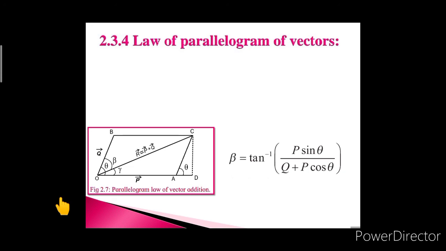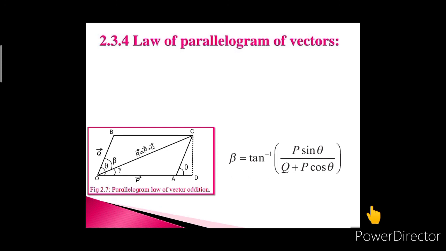As when we consider the direction of the resultant by using the vector P, we get alpha as tan inverse Q sin theta upon P plus Q cos theta. So in the same manner, when we consider the vector Q and use it to determine the direction of the resultant, the angle made is beta, and this beta is given as tan inverse P sin theta upon Q plus P cos theta.